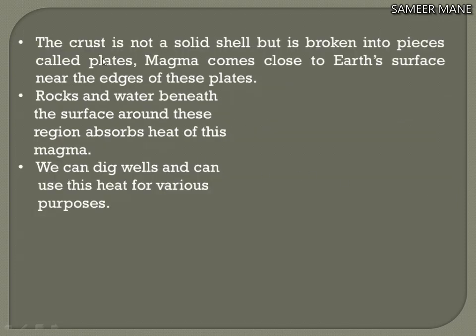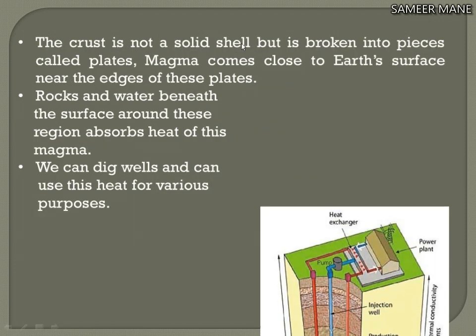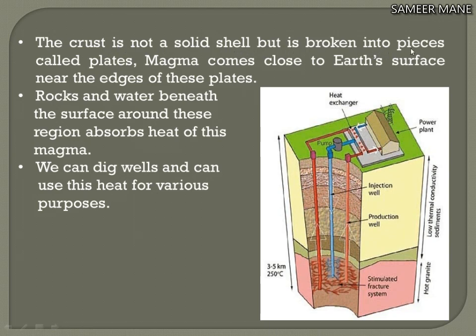The crust is not a solid shell but is broken into pieces called plates. Magma comes close to the earth's surface near the edges of these plates. Rock and water beneath the surface around these regions absorb the heat of this magma.